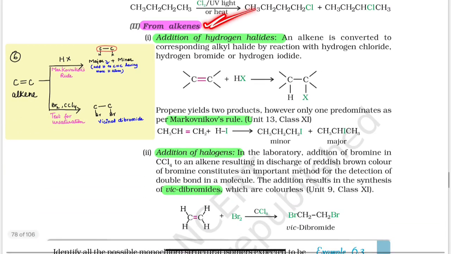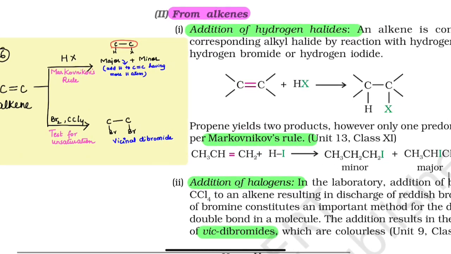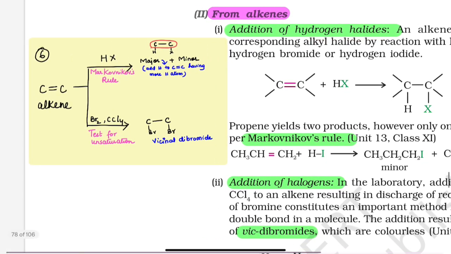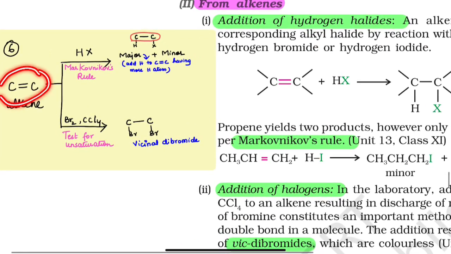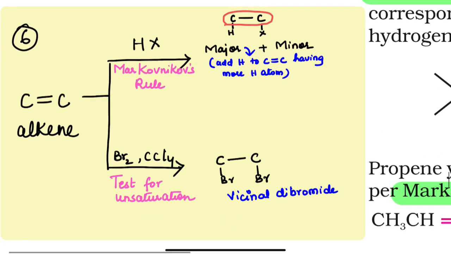And then from alkene, that is addition of hydrogen halide. So what happens is, if a carbon-carbon double bond is present, and you are taking alkyl halide, always remember that it follows Markovnikov's rule. So what is Markovnikov's rule? Whenever two products are formed, one will be a major product and another will be a minor product.